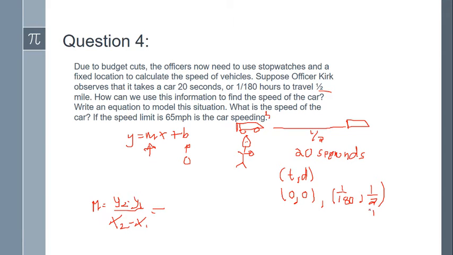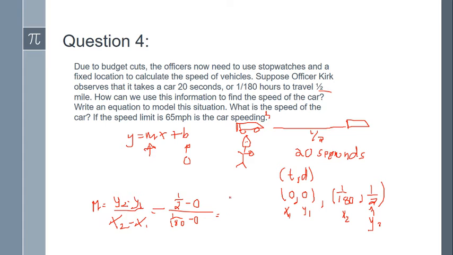So this is our y-coordinate of point 2. This is our x-coordinate of point 2. This is our y-coordinate of point 1. And this is our x-coordinate of point 1. So now if I plug those values into the formula, I get 1/2 minus 0 divided by 1 over 180 minus 0.